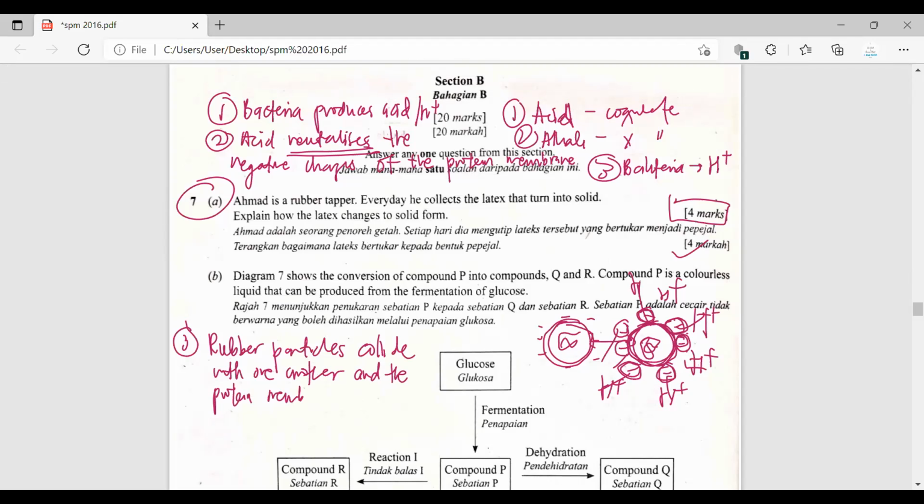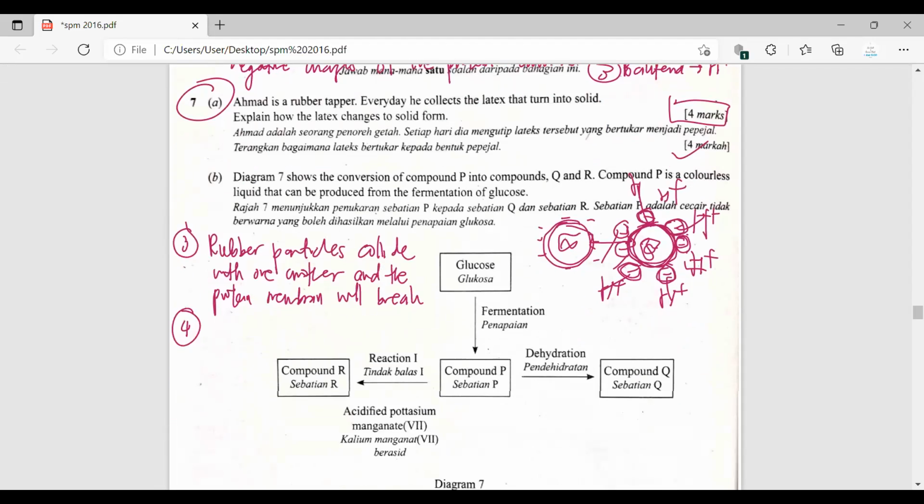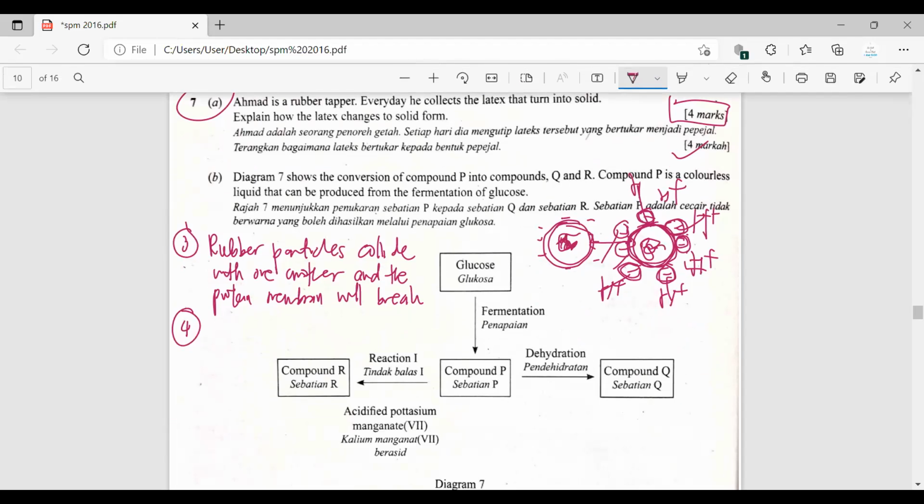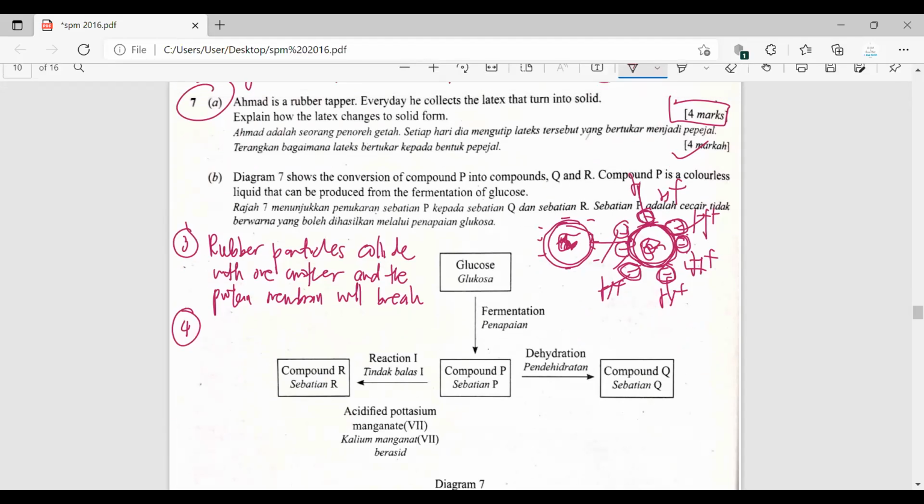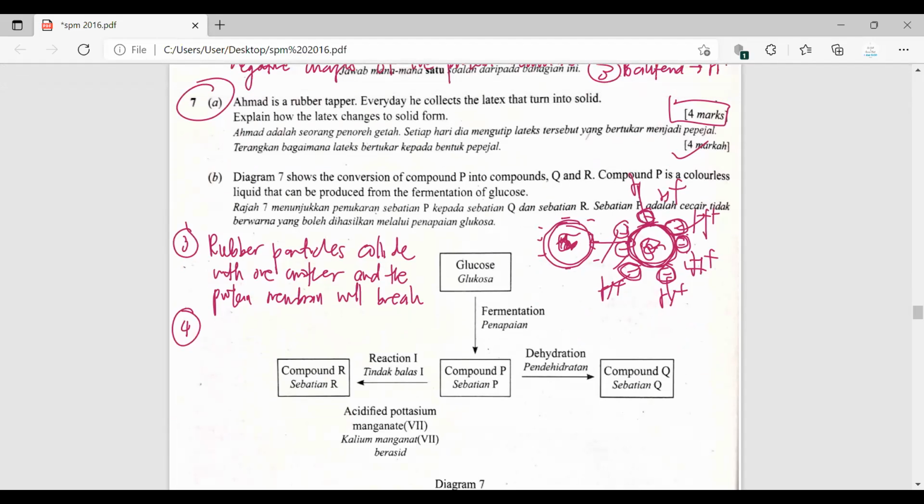So you can know which topic you're weak at, yeah? Protein membrane will break. Now if my protein membrane breaks, that's what I want. What is going to come out now? What's inside of it? What's inside the protein membrane? This whole thing teacher called a rubber particle. What's inside of it?